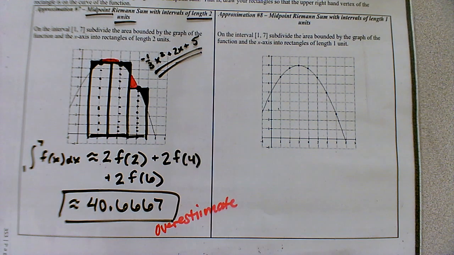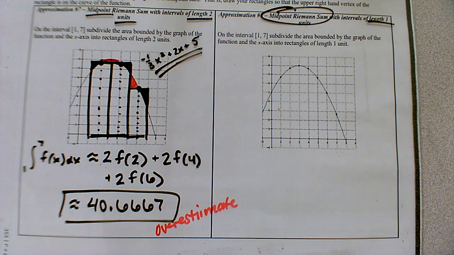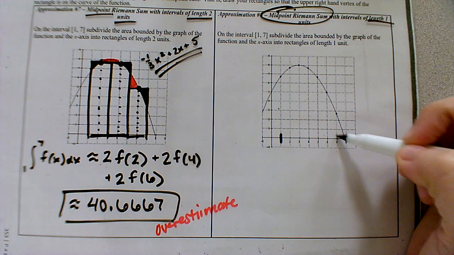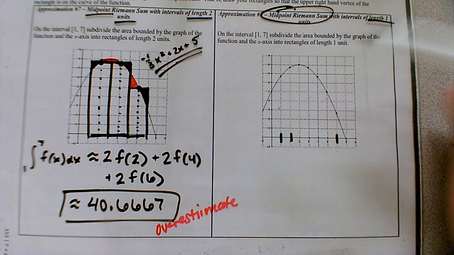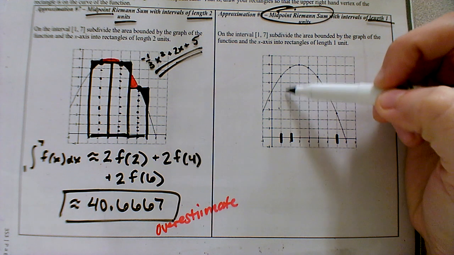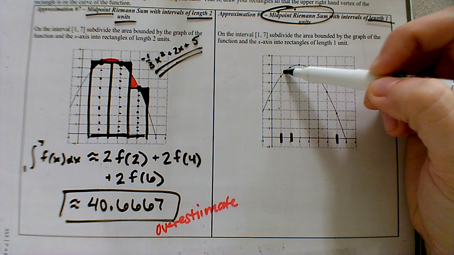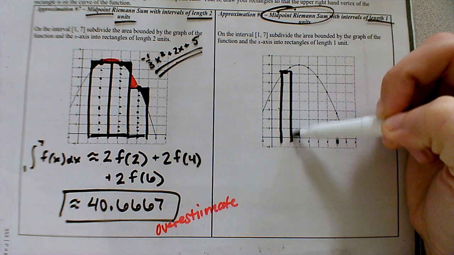Alright, let's try the same example, but this time we're going to do a midpoint Riemann sum with length 1. So we're going to go from 1 to 7. Our first rectangle would go from 1 to 2. The midpoint of that interval would be 1.5. So I'll trace up from that spot, make my dot, left, right, and then connect the bases.